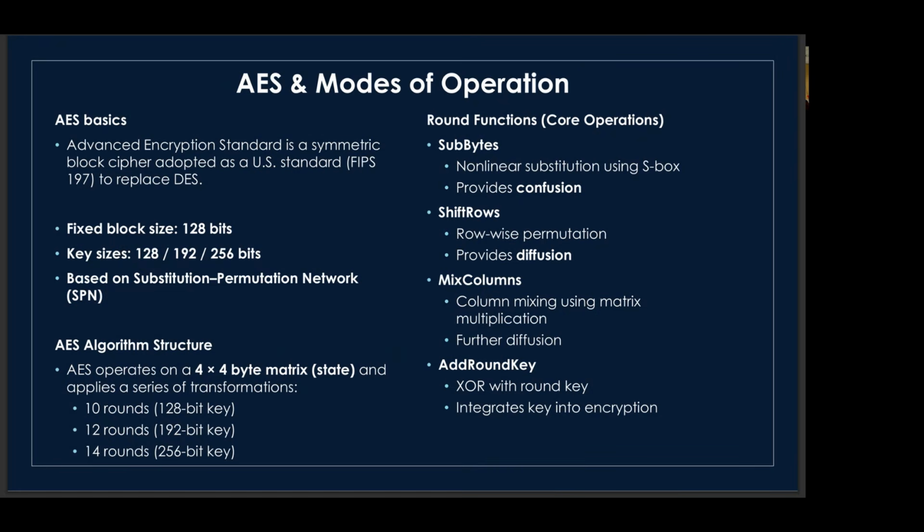It has a fixed block size, for the plaintext and ciphertext, of 128 bits, but the key size can be supported up to 256. It uses a substitution-permutation network, SPN-based, so that's why I showed you the figure last time. It has a structure that operates on a 4x4 byte state and applies a series of transformations using 10, 12 and 14 rounds. Each round function has these core operations: SubBytes, ShiftRows, MixColumns, and AddRoundKey.